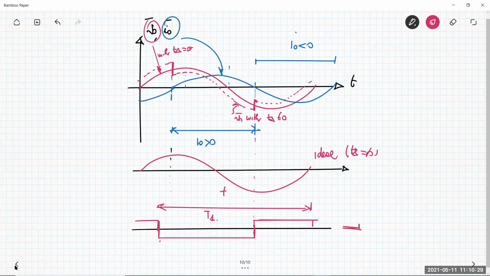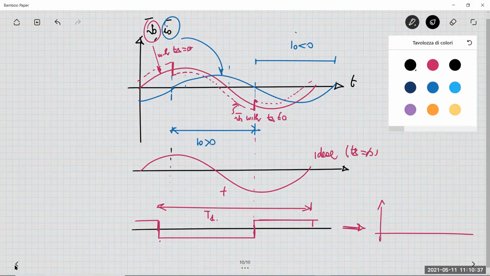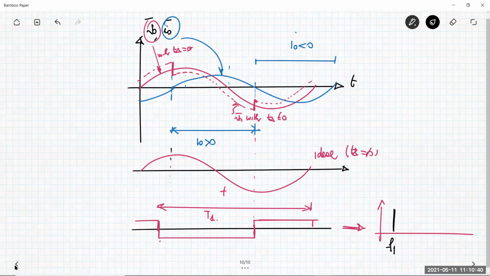The spectrum of a rectangular waveform like this has F1, so 1 over T1, and we have 3F1, 5F1, etc. This is the standard spectrum of a rectangular waveform having period T1. So you have the odd harmonics of the fundamental, which is F1. The overall spectrum of the real output is not exactly the summation of the two spectra, because it is a little bit different.